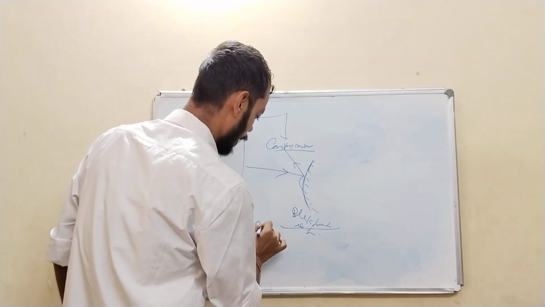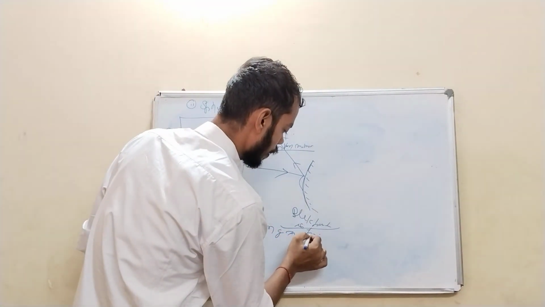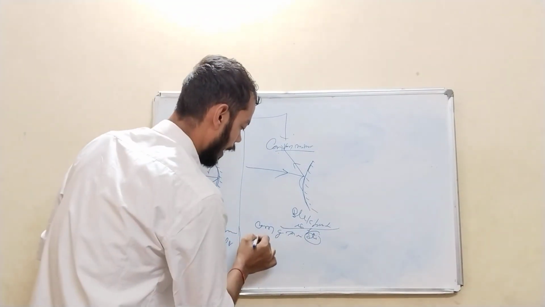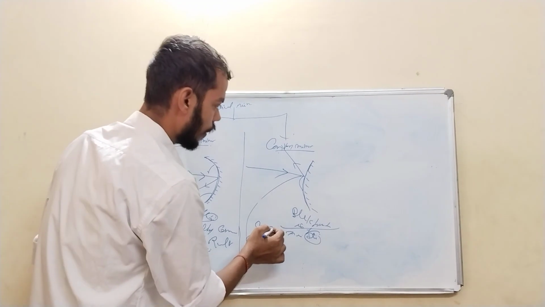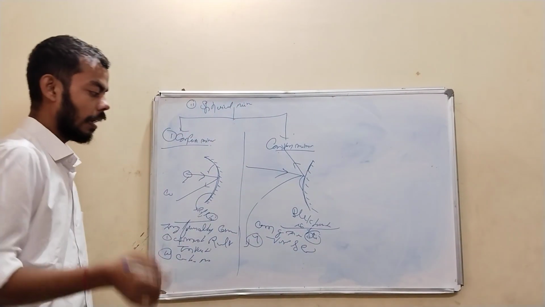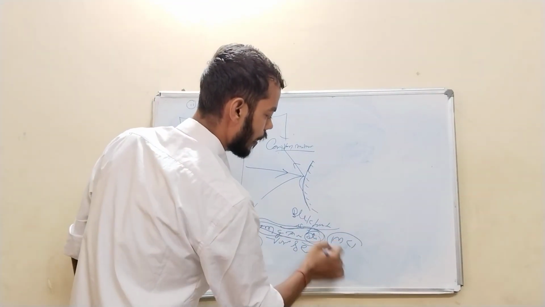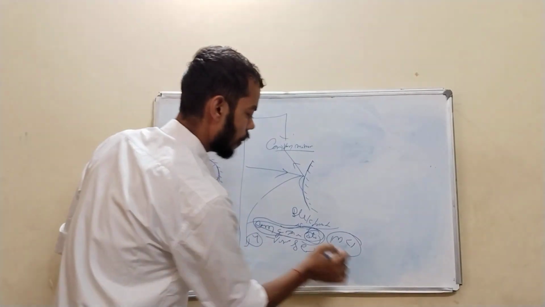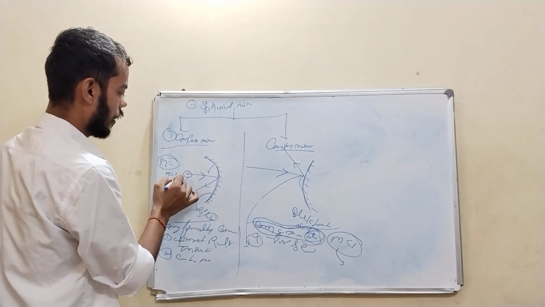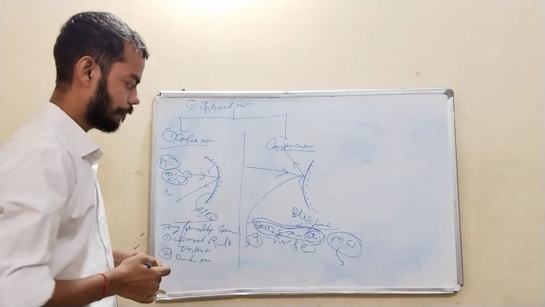In case of the convex mirror, the image is virtual and erect in every case, and in most cases the image is diminished. You can say magnification is less than 1 in most cases in the convex mirror, and magnification can be 1, less than 1, or greater than 1 in case of the concave mirror.